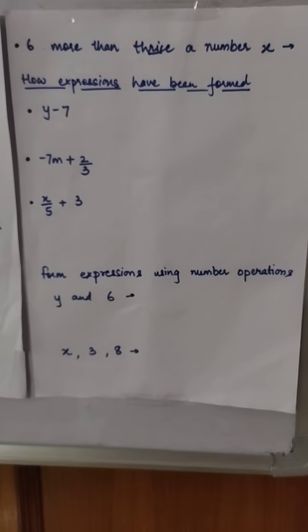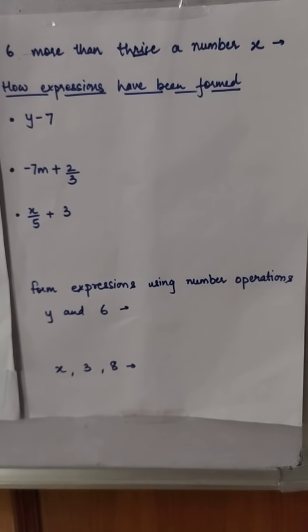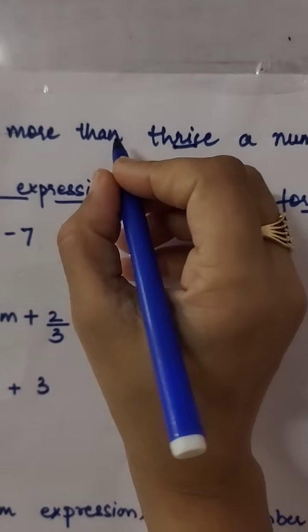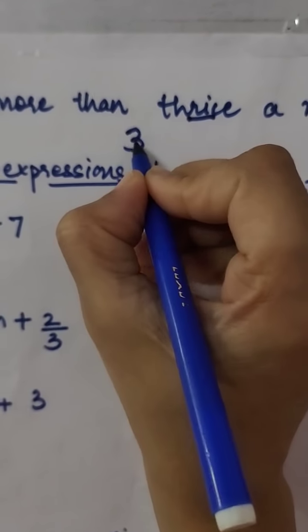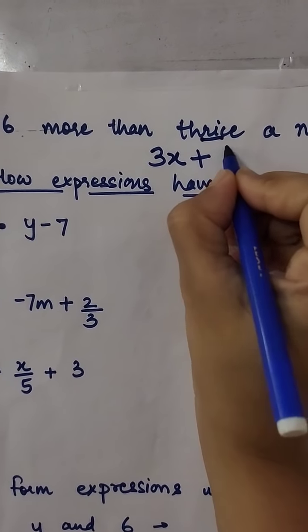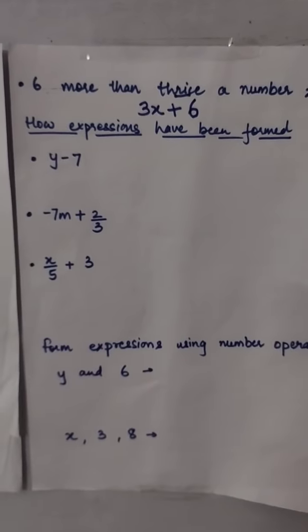We have to add 6 to thrice a number x. So let's do it 3 times: 3x plus 6. We can say it is 3x plus 6.